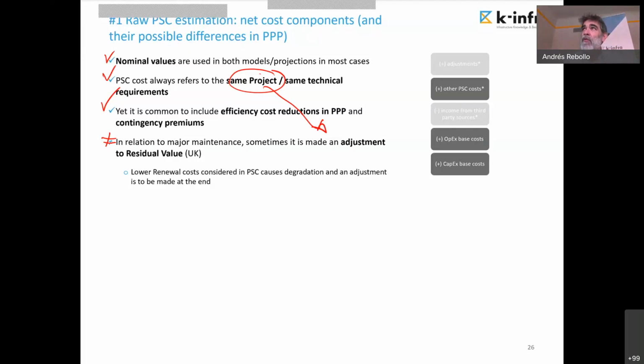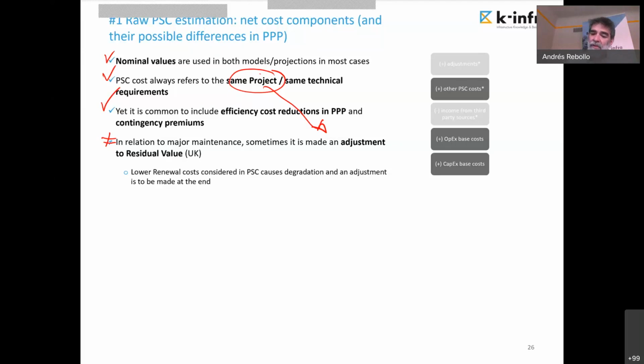So meeting the renewal plans in the PPP is going to be much more reliable and certain than in the PSC for many countries, mainly emerging economies, but I would say also in Spain. So why not recognize this? Why not recognize that in reality I will be missing some renewals?